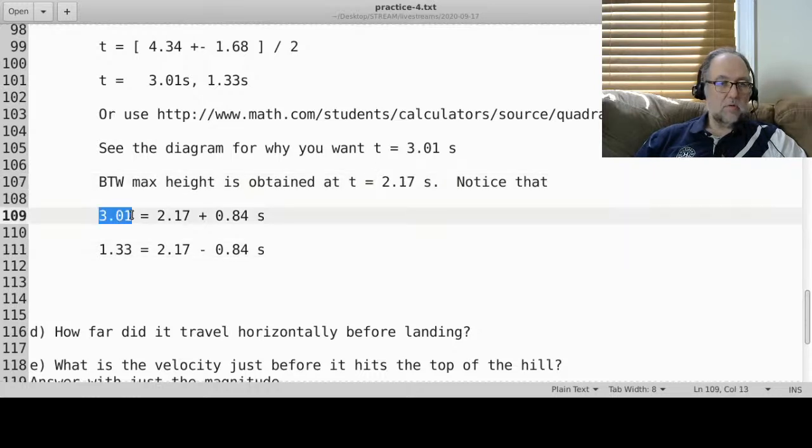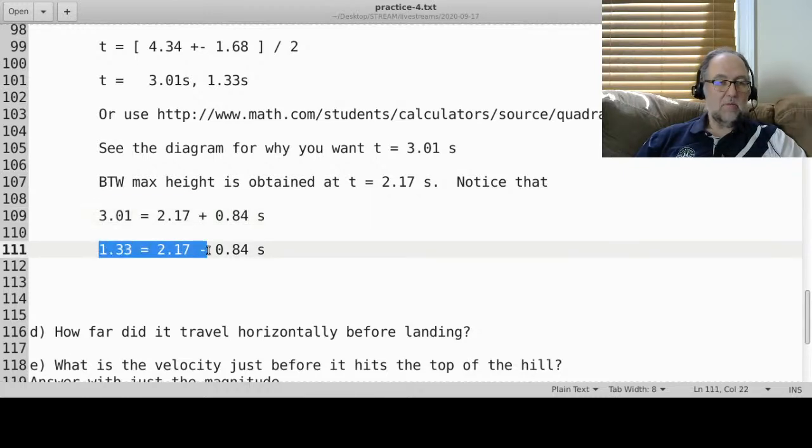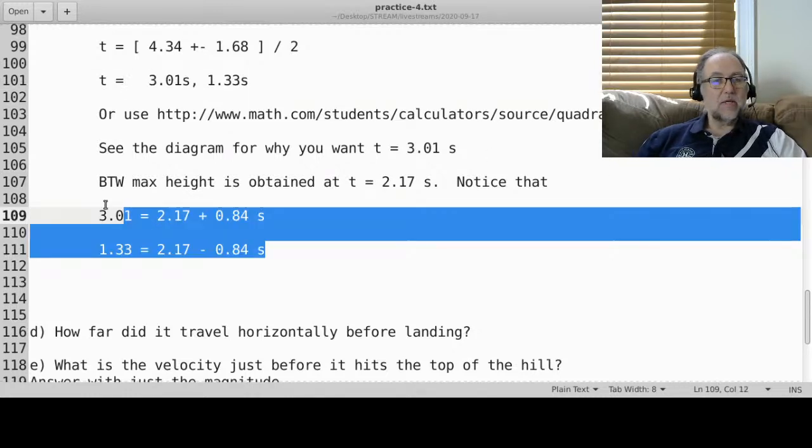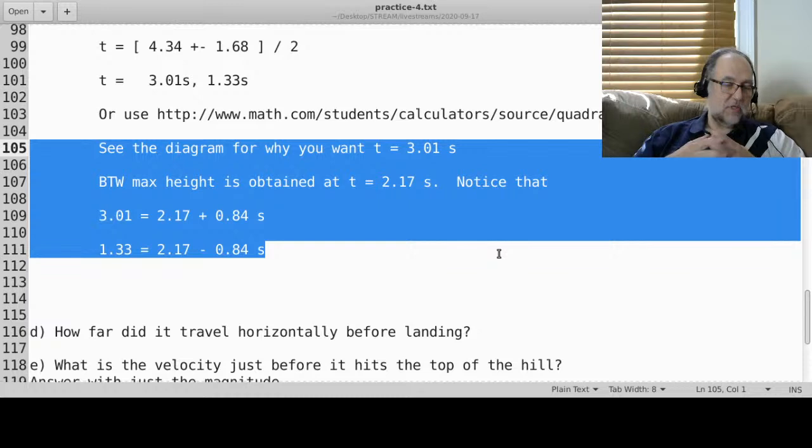So the 3 seconds can be written as the middle time plus 0.84, and the 1.33 can be written as the middle time minus 0.84. That's what these two solutions mean. I know I didn't ask you about this, but since we were here, I wanted to show you because it reinforces how the whole thing works.